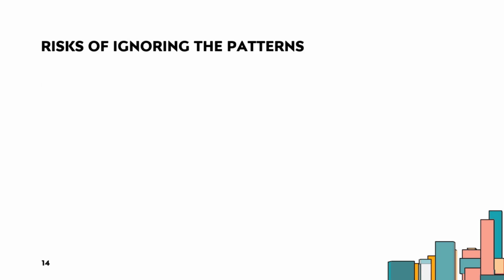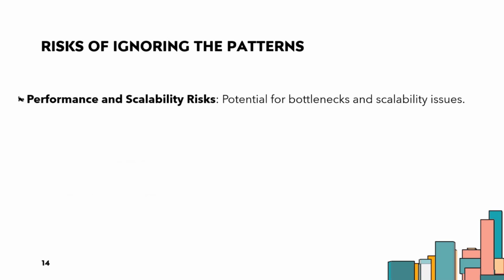Now, if you choose not to use a pattern, you have to make sure that you understand that you have a potential for the deployment that you've put out there to have bottlenecks, to have scalability issues. It may work for where you're at now, but it will not or could not work for what you need to do 6 months from now, a year from now, 3 years from now.